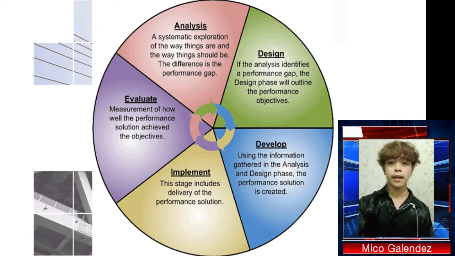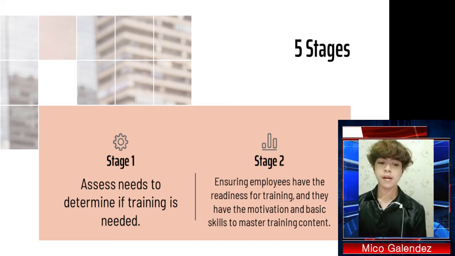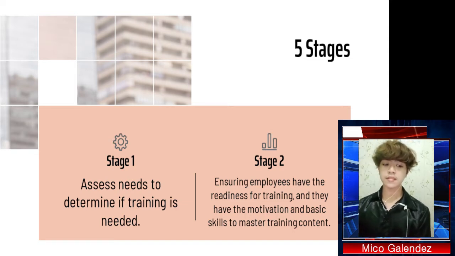With the help of the ISD model, namely the ADDIE model, it will help the employer to assure the development of each employee. There are 5 stages in designing effective formal training activities. Stage 1 is to assess needs to determine if training is needed.